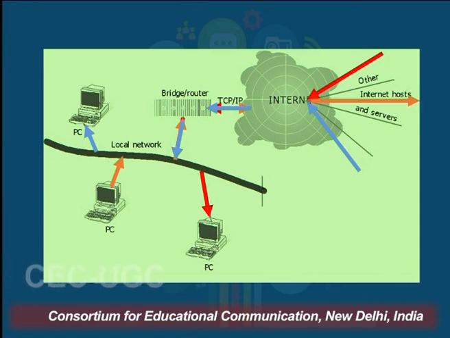So at the local network also, the data is flowing in the form of packets. Therefore the packets will not flow in one network, they have to travel through multiple networks, and therefore there is a likelihood that they may reach the destination at different times. So they need to be reassembled, they need to be reorganized.